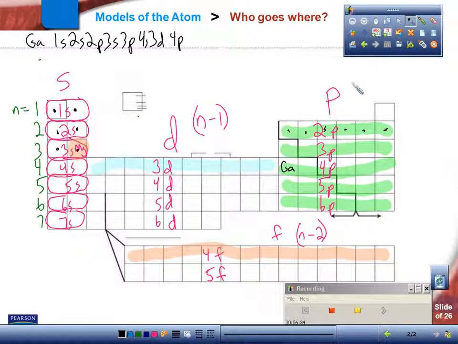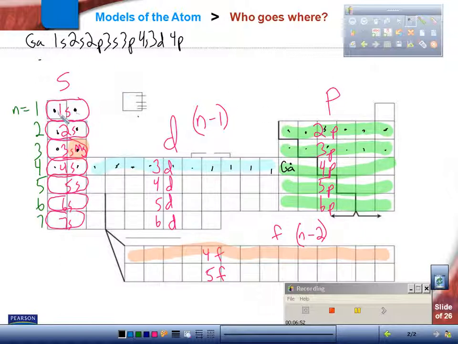Now I got to say how many electrons are in each sublevel. Well, again, they're all filled up into gallium. So each one of these boxes has 1 electron in it, 1 dot, and so now I'm just going to go back and fill them up.